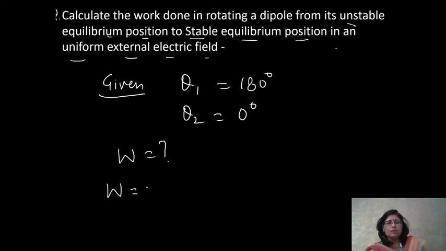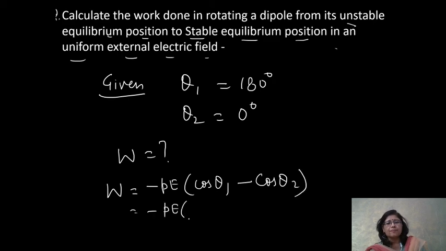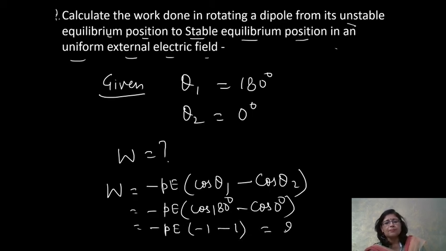W equals minus PE, cos theta 1 minus cos theta 2, and it is equal to minus PE, cos 180 degree minus cos 0 degree, and again minus PE, minus 1 minus 1, that will be plus 2PE. It is the maximum amount of work in rotating the dipole from unstable equilibrium to stable equilibrium.